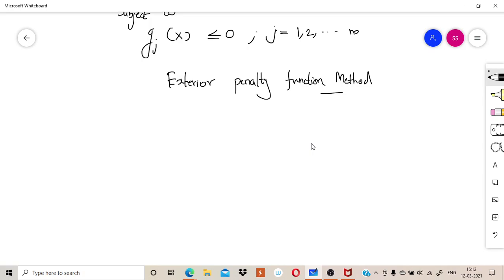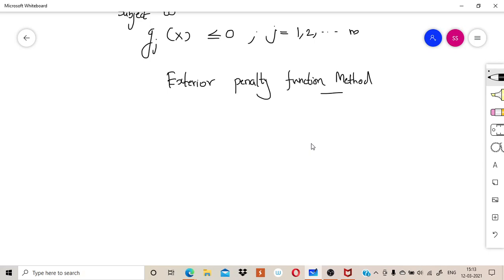In this method, what we will do is formulate this constrained nonlinear optimization technique into a series of unconstrained optimization problems.